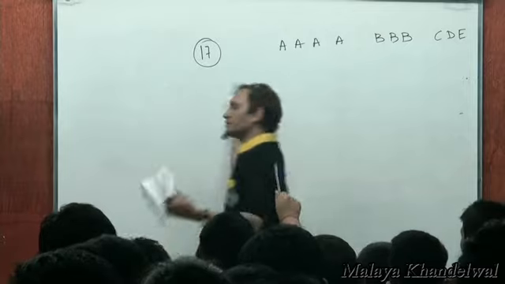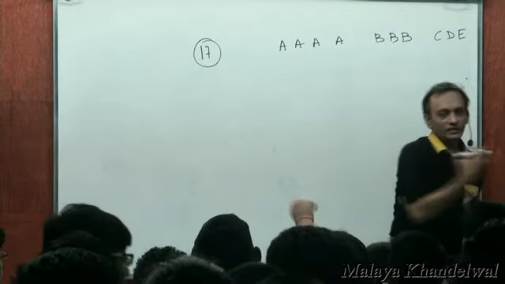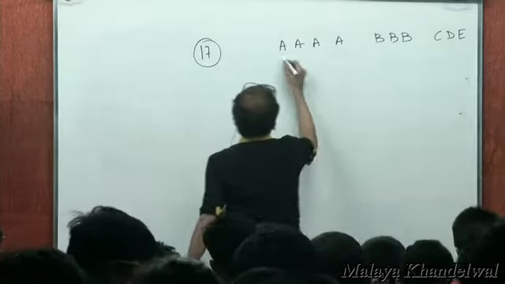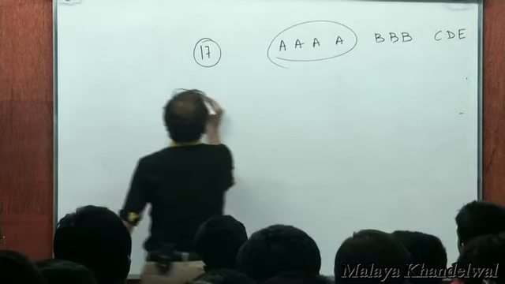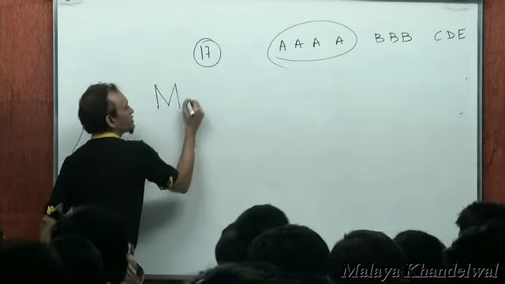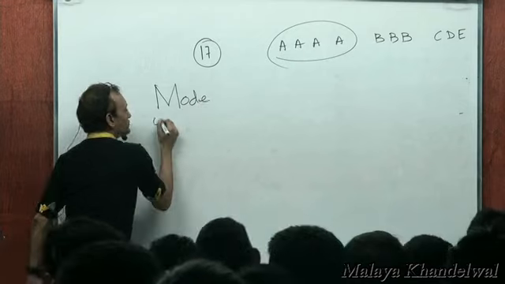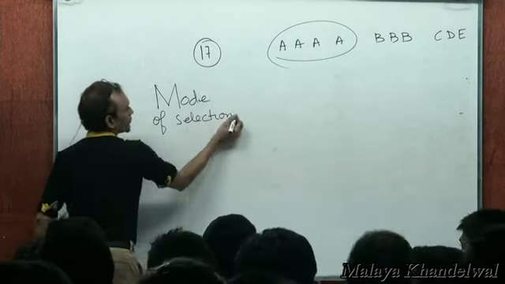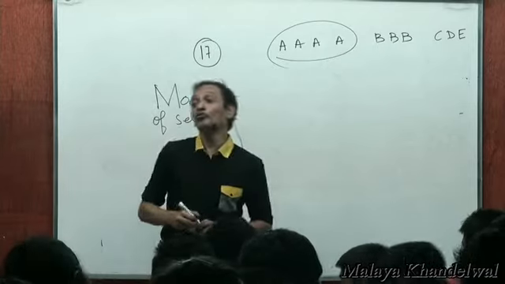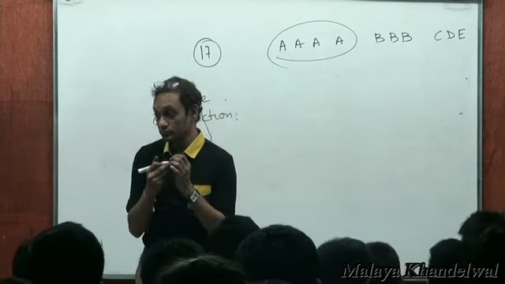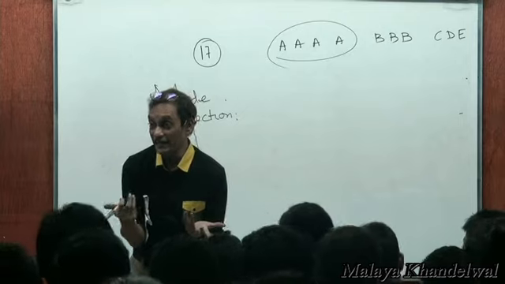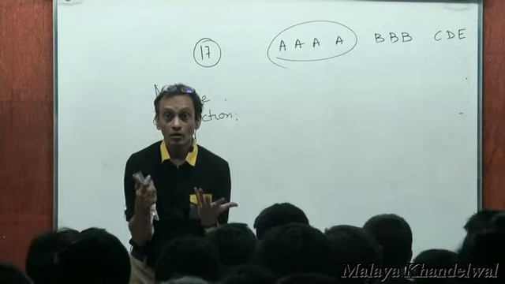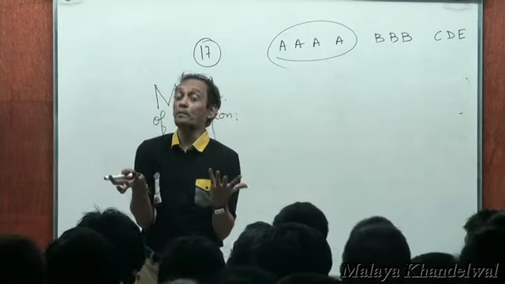Now see, in my mode of selection, there are 4 A's available. These are identical entities.